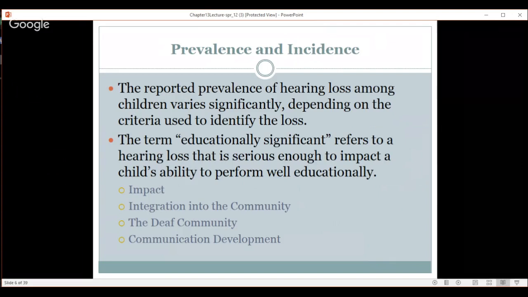The deaf community, which we talked about a minute ago, is the community of people who are hard of hearing or who are deaf, and how they relate to each other within that community, and then the communication development overall of somebody who is deaf.